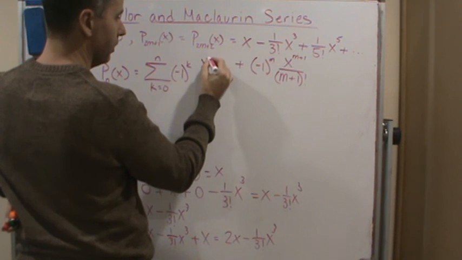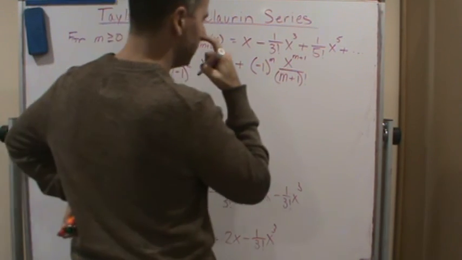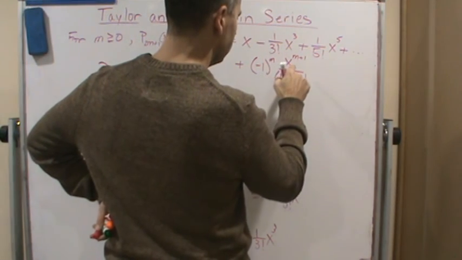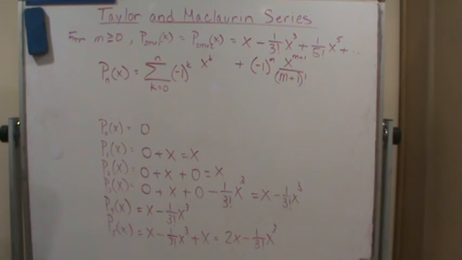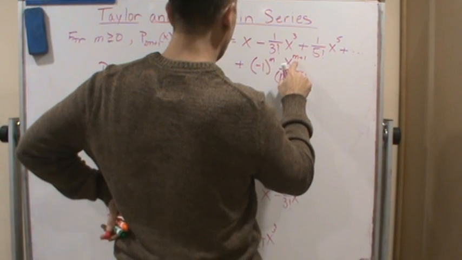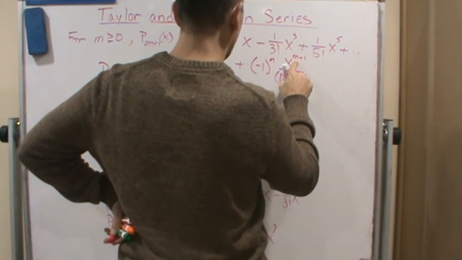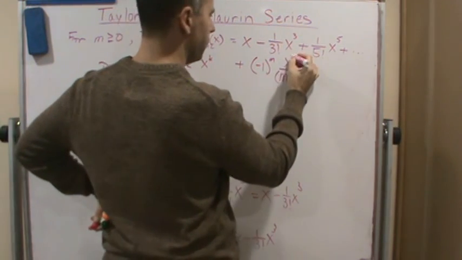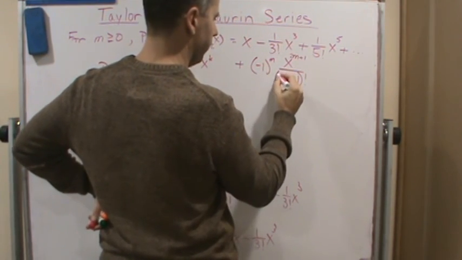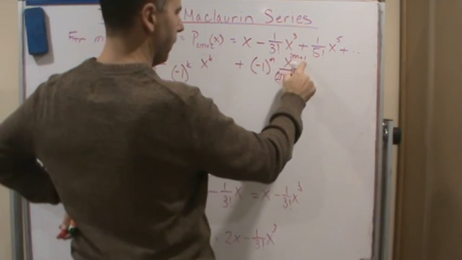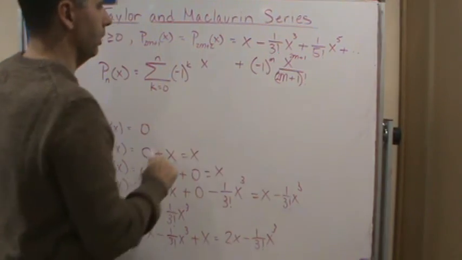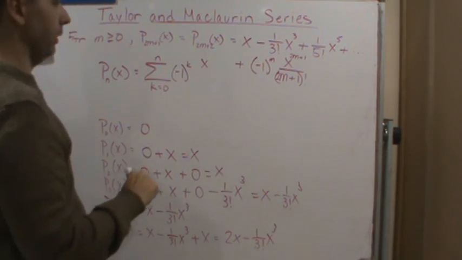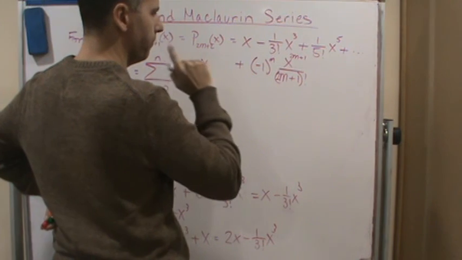times x to the, oh wait a minute, hold on a second. No, this won't work. This should be 2m. Sorry about that. This should be 2m plus 1 here. Yeah, because it won't work if it's just m.